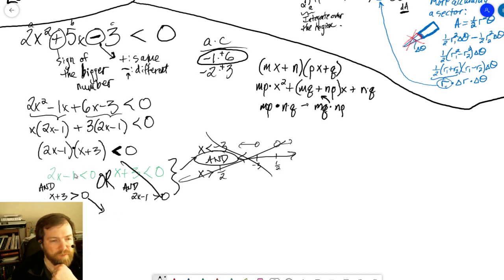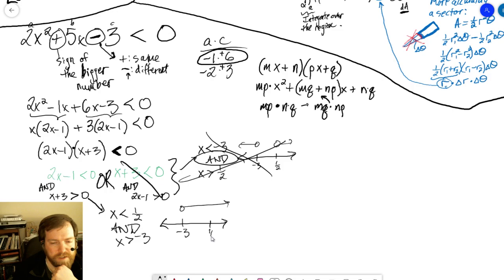So 2x minus 1 less than 0 means that x is less than 1/2, and also x is greater than -3. X is greater than -3, it's that way. X is less than 1/2, it is this way.